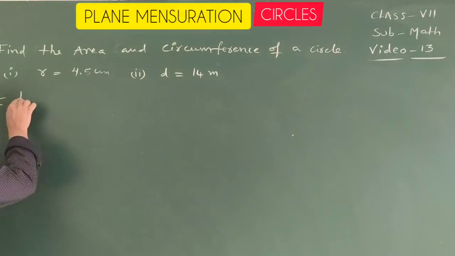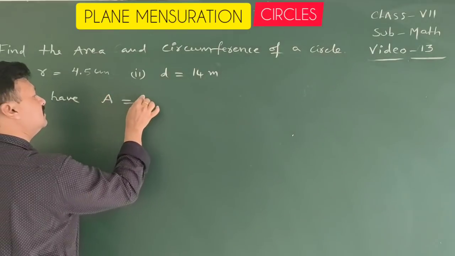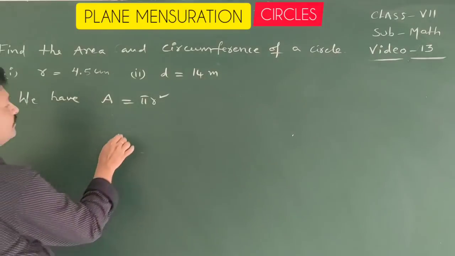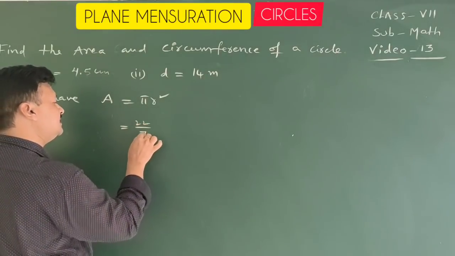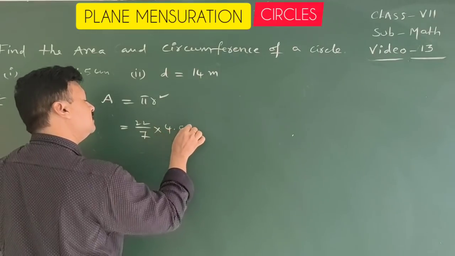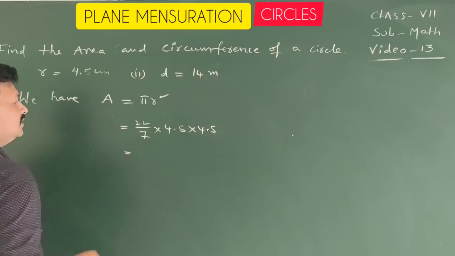We have area of circle equal to pi r square. Here pi being 22 by 7 into r being 4.5 into 4.5.